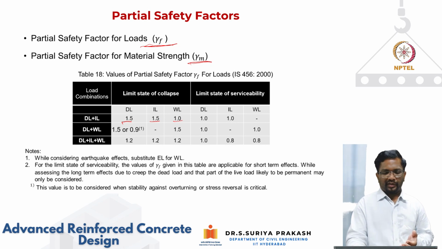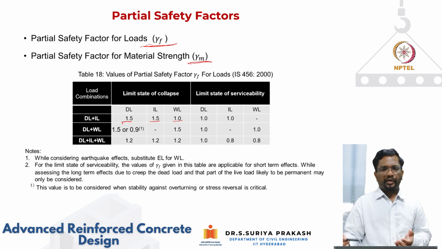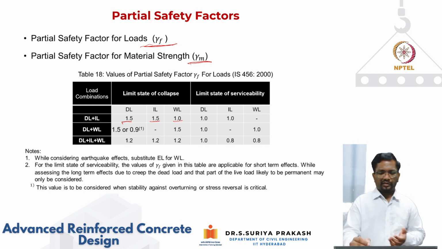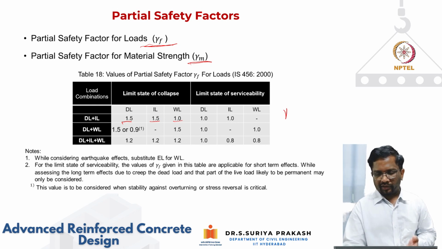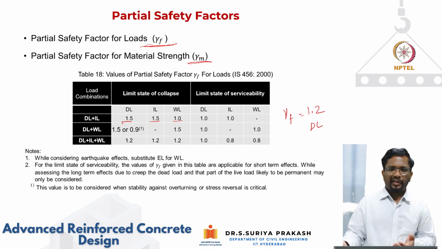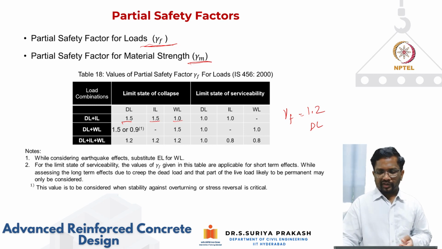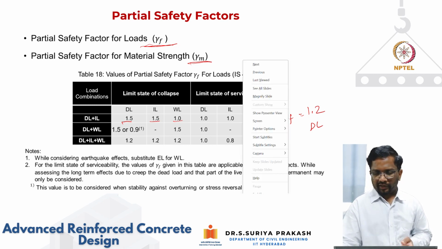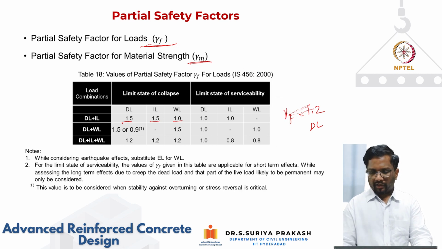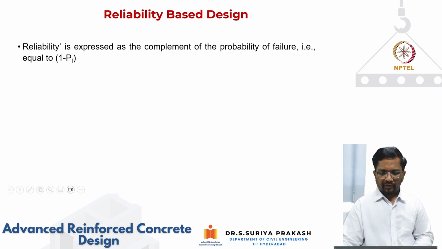However, for simplicity, IS 456 considers the same load factors, but if you look at the American code, it considers a lower load factor, in this case gamma f of 1.2 for dead load, because there is less variability in dead loads. But our code is considering a slightly higher dead load factor.